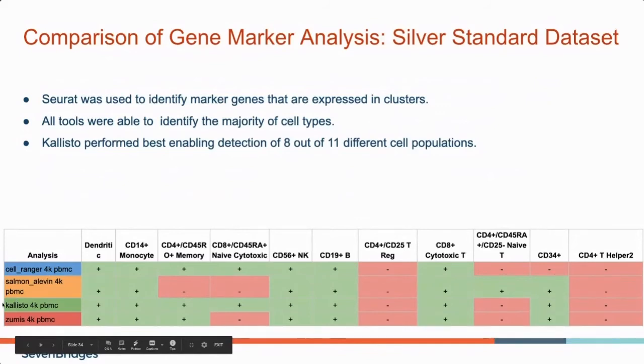On the table below, you can see that plus sign means that cell type was identified. And we observed that no tool was able to identify all cell types that exist in dataset. But nevertheless, Callisto was able to identify one more than the others. Okay, next slide, please. Okay.